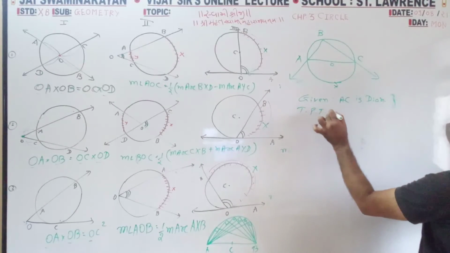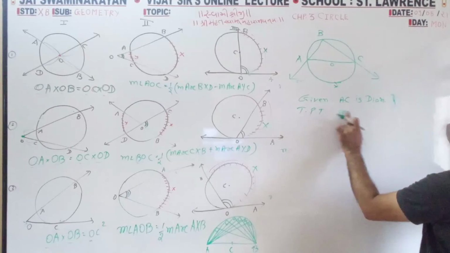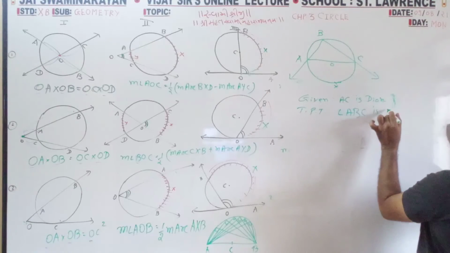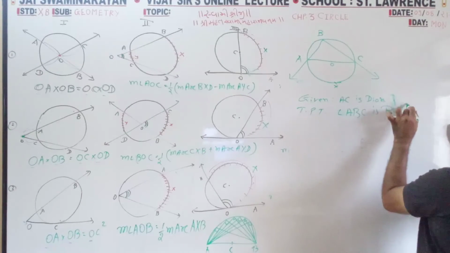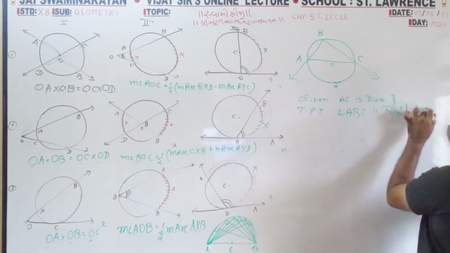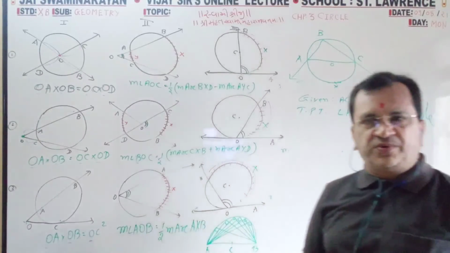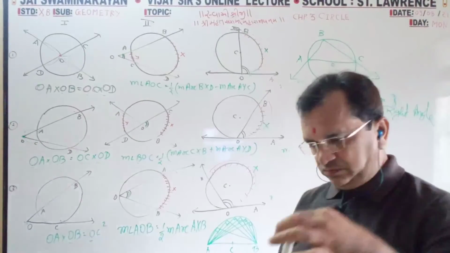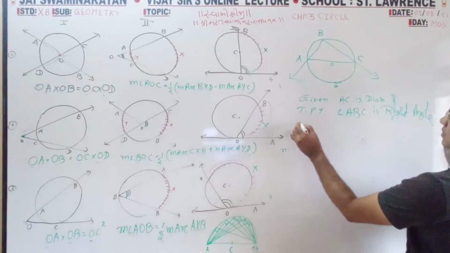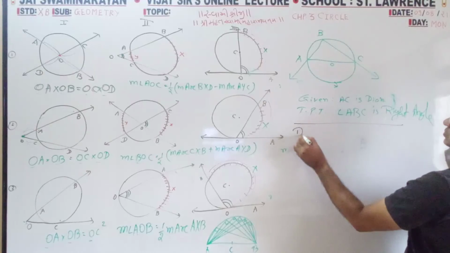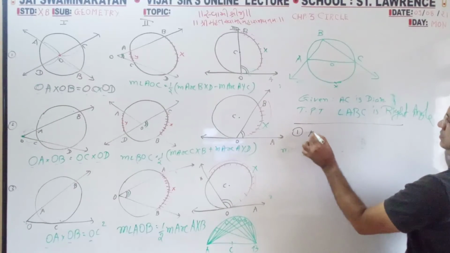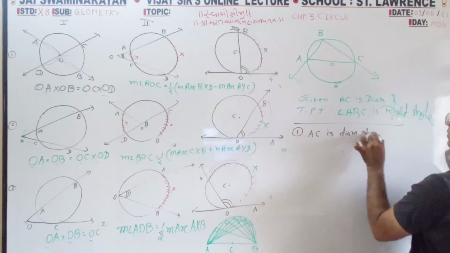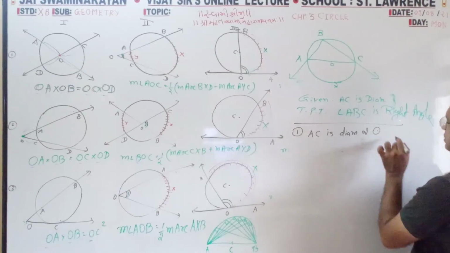To prove that angle ABC is a right angle. This we have to prove. So first, AC is the diameter of the circle, given.